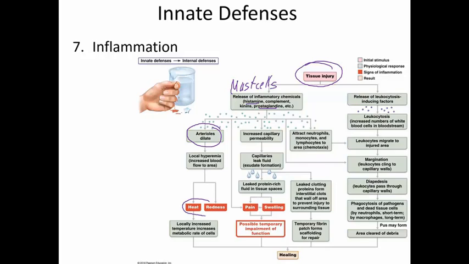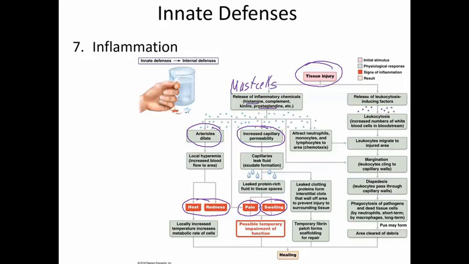That leads to increased blood flow to the area, which causes it to be warm and red, things you associate with inflammation. You're going to get increased capillary permeability. This leads to an edema and swelling. All of these things can lead to pain.